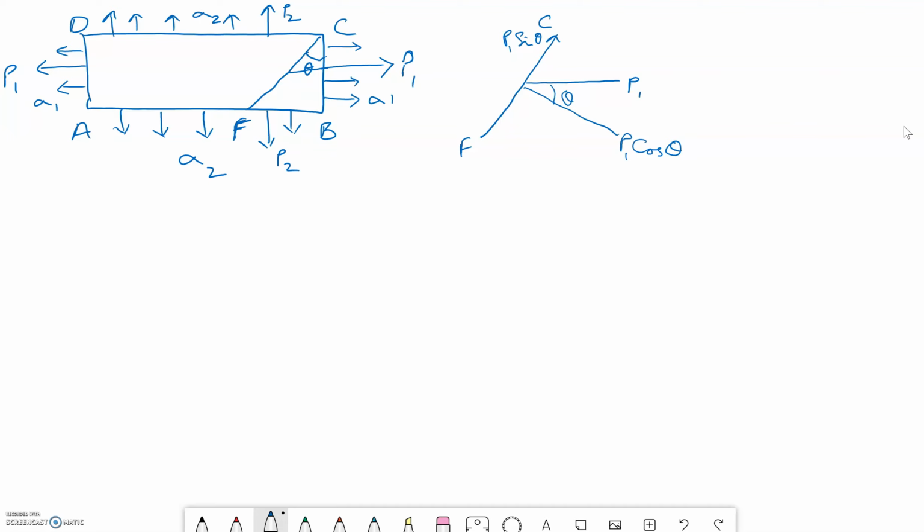And similarly, P2 can be resolved into its components along FC. This angle will be theta, so this will be P2 cos theta, and this will be P2 sin theta.